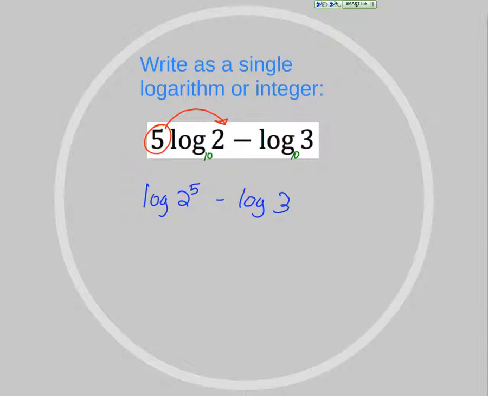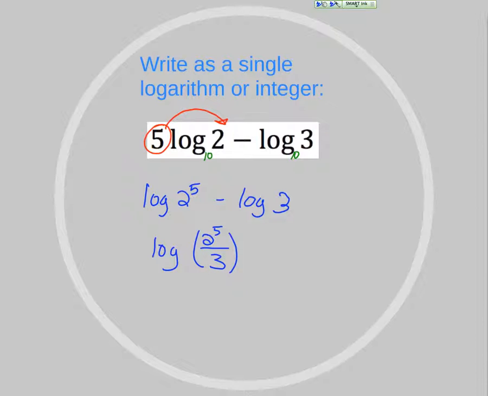Once we have that as part of our log, we're taking the log of 2 to the 5th power, then we can use our other law. I don't care if you simplify this here or on a future step, so I'm just going to go with the logs. Remember, when we subtract, we have to divide. So I'd have 2 to the 5th power divided by 3.